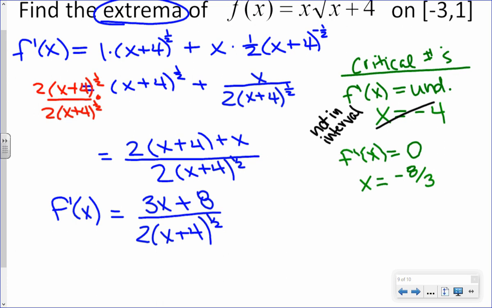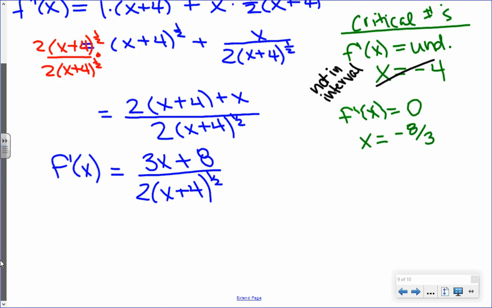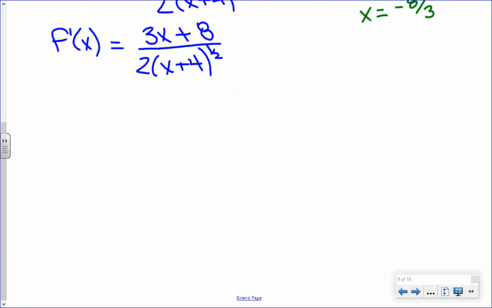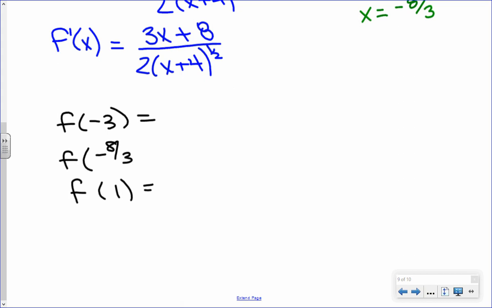So now we need to actually test our values. Okay. We have what our endpoints are, -3 and 1. And our critical value is at negative 8/3. Okay.